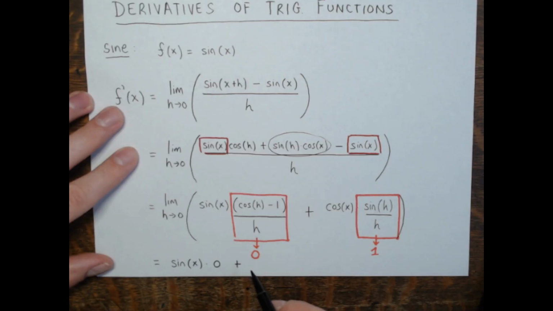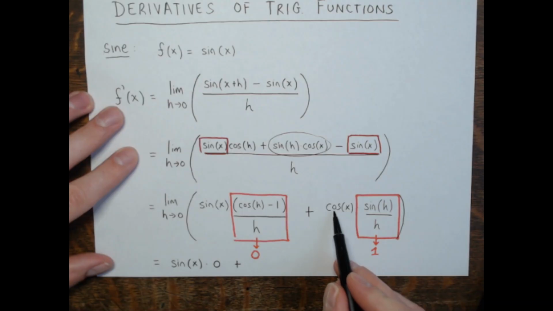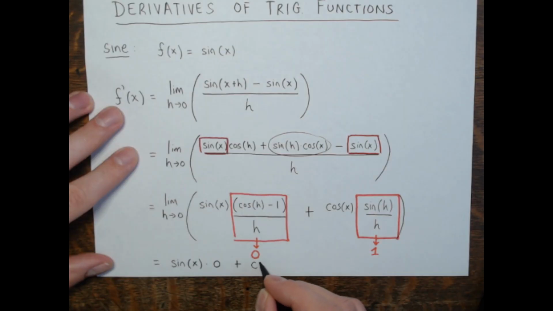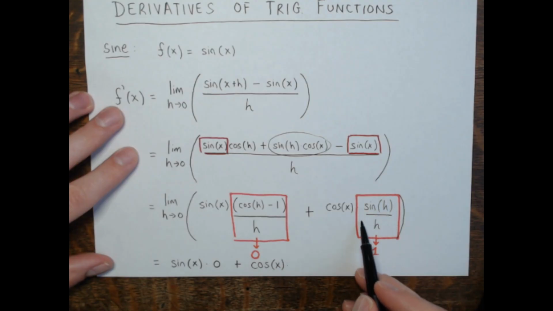Then plus cosine of x, which does not have h involved, so it's considered constant. That stays cosine of x times the sine h divided by h factor, which approaches 1 as h approaches 0. So overall, the first term is 0 plus the second term is cosine of x. So you end up with just the cosine of x.